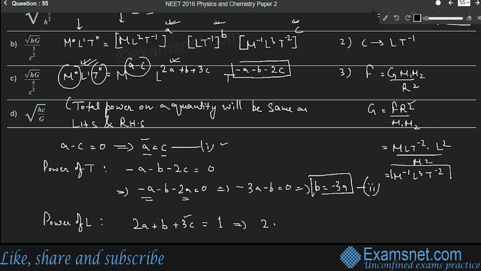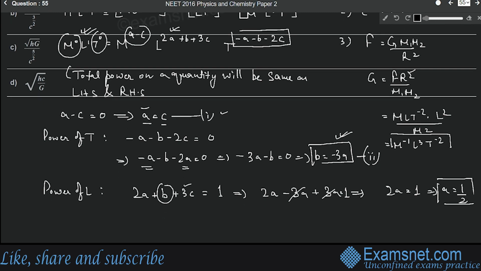So 2a, and in place of b we can write minus 3a from equation 2, b equals minus 3a. So minus 3a, and in place of 3c we can write 3a. So 3a and minus 3a cancel. This side we have 1. So 2a equals 1. That means the value of a is equal to half. So now we have got the value of a. We can put the value of a in any equation to find the value of b and c.